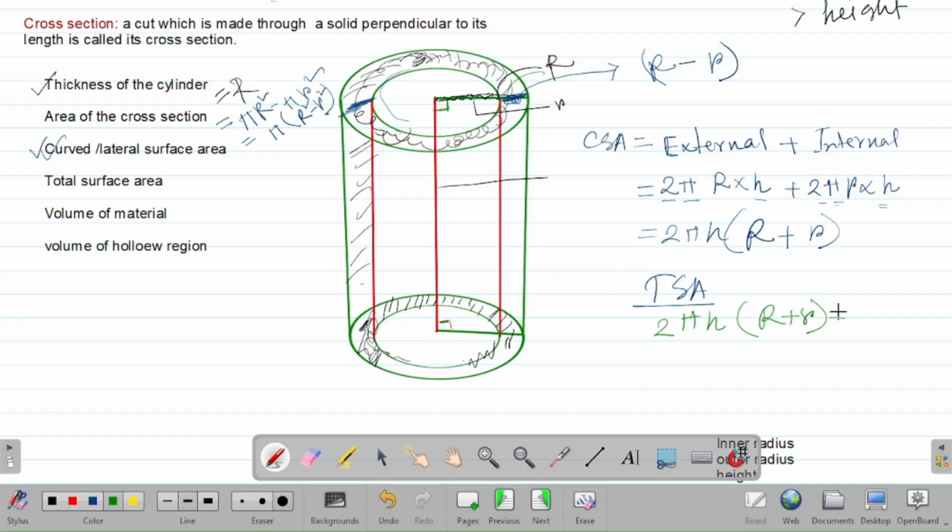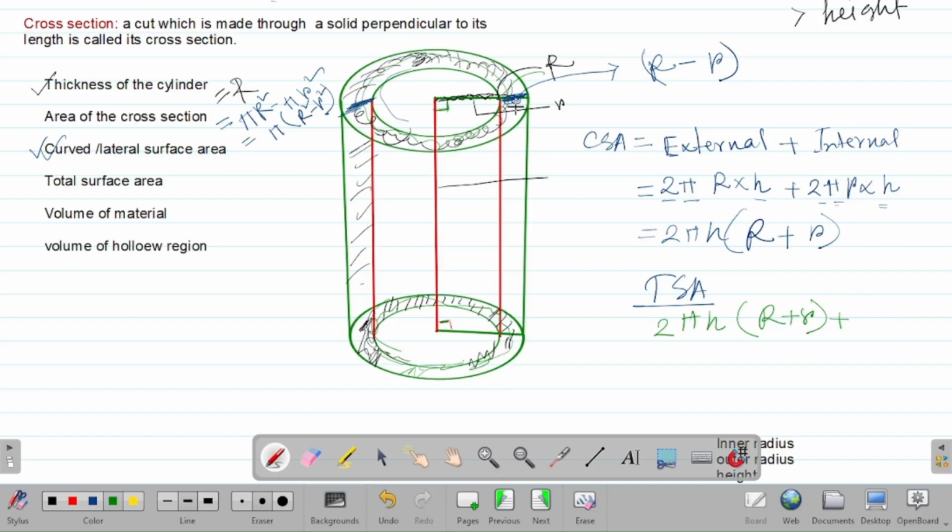If you add the area of the bases to this curved surface area, we get the total surface area.